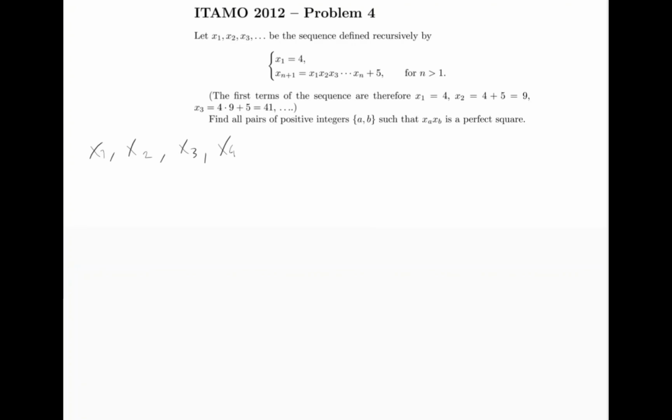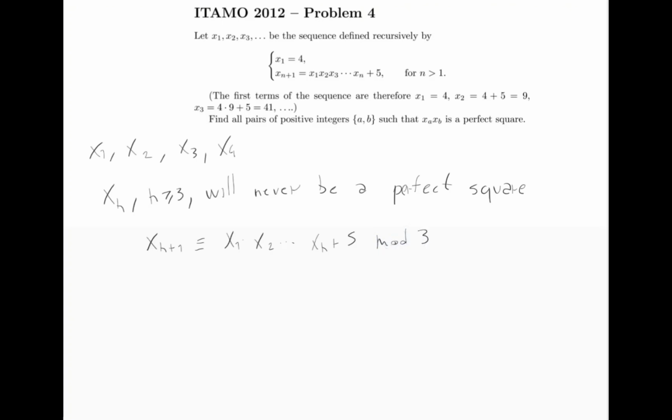Now, the first thing you might want to notice is that no term xn, with n greater or equal to 3, will ever be a perfect square. This is because xn plus 1 is congruent to x1 times x2 and so on, times xn, plus 5 modulo 3.